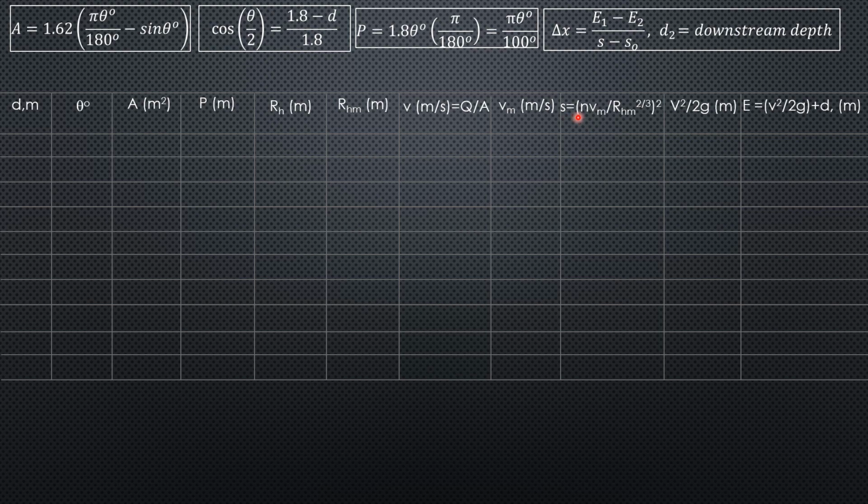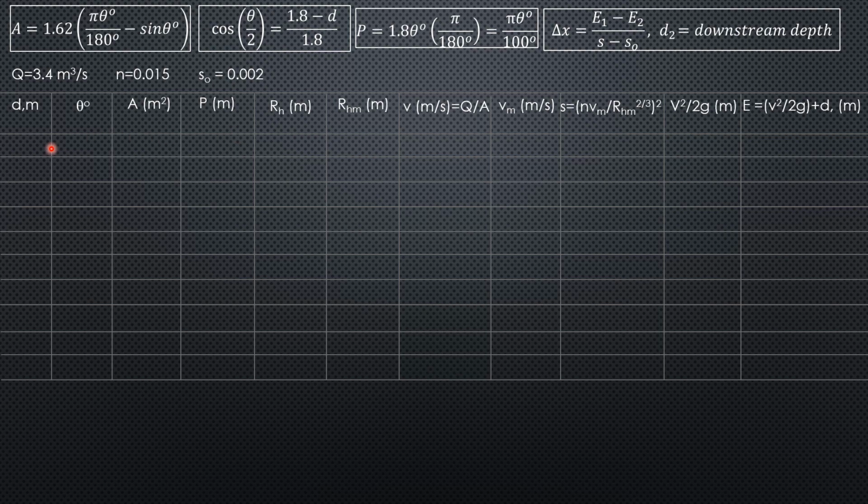Then the slope S of the energy grade line, (mean velocity over mean hydraulic radius to the 2/3) quantity squared. Velocity head, then the specific energy, which is velocity head plus depth. And aside from that, we are given Q 3.4 cubic meters per second, n 0.015, and S0 0.002.